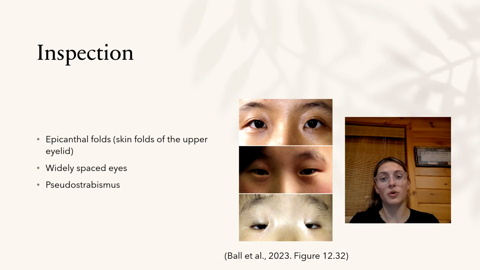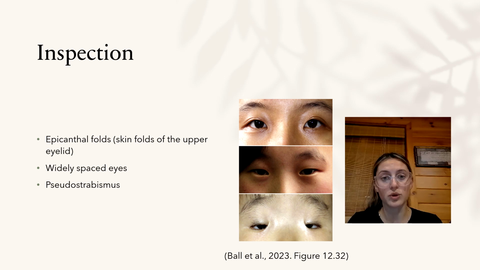Epicanthal folds or skin folds to the upper eyelid, if they are found and they're unrelated to ethnicity, then this can be a sign of Down syndrome or other possible congenital anomalies. Also, widely spaced eyes can be indicative of an intellectual disability. Strabismus is when one eye turns in a different direction from the other.